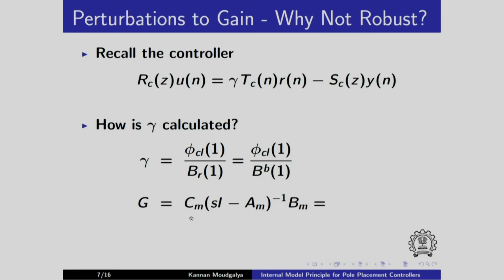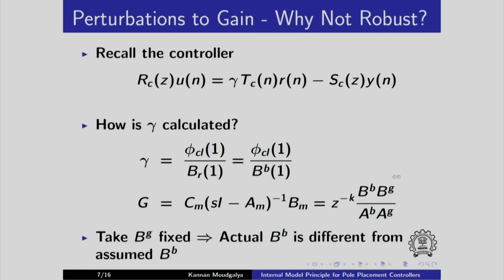But remember, our model is represented by this transfer function. We have the numerator factored as BB and BG, bad and good, and we have perturbed this 10%. So when we perturb this and BG fixed so that we use the same controller, this BB is changed by 10%.